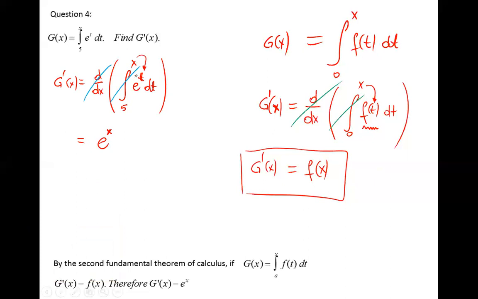Also, please note that the lower limit of integration, 5, could be any fixed constant number. No x, no other variables. 0, 1, 2, 3, negative 5. This is not really affecting that at the moment. The answer is just this function, and instead of t, x, the upper limit, because they cancel each other.